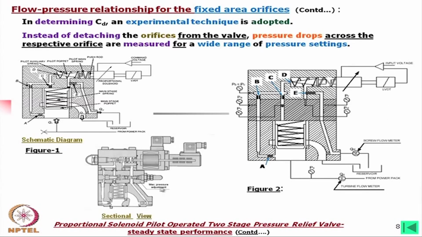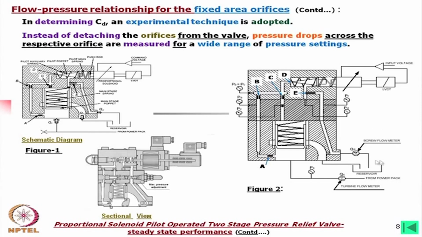If you remember, it is here in this figure that there is a place for maximum pressure setting. We have removed this. Instead of that, we have put a simple block here with these holes, and here is the pressure tapping. So, we put several pressure transducers to record the pressure here, and for the flow measurement, at steady state condition no flow is here, so the flow path is only one path, it is going over there.